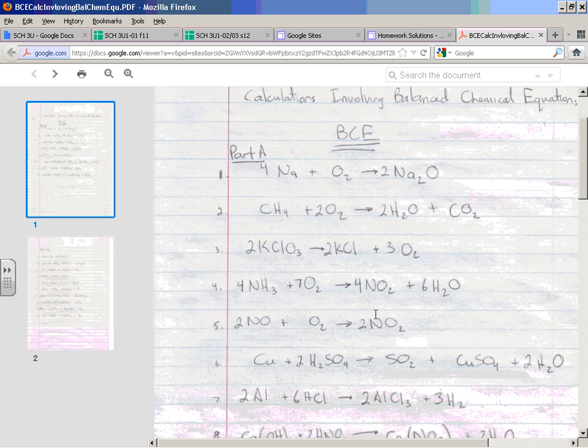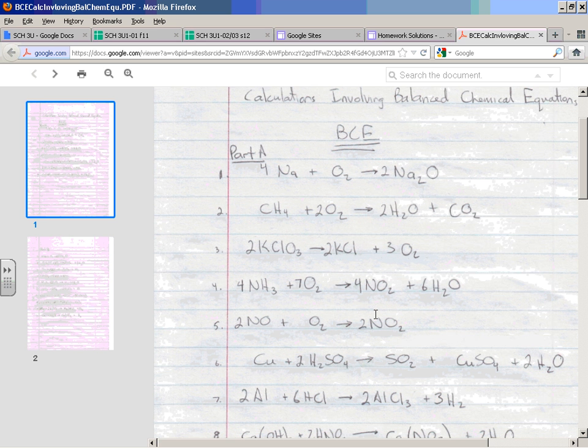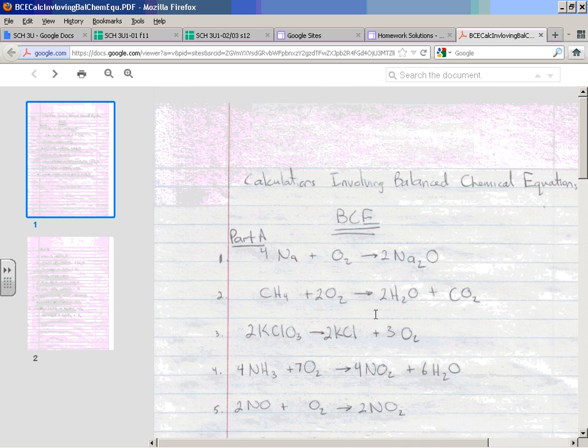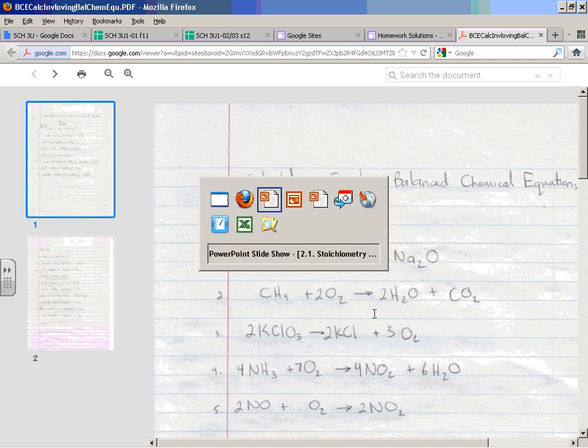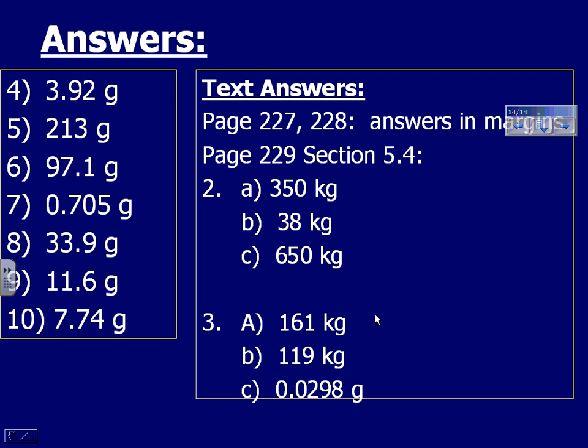So if you struggle with balancing chemical equations, you can still complete this, though you still need to work on getting your balanced chemical equations. So if you're at home working on it, track that down if you can't get a balanced chemical equation. Let me just stop this recorder right now because we've been going on for like an hour here.